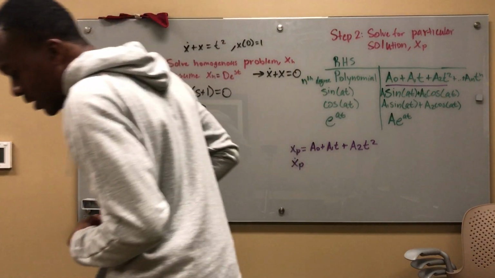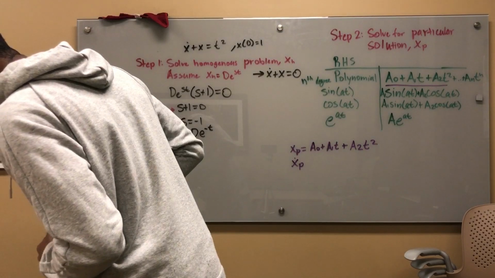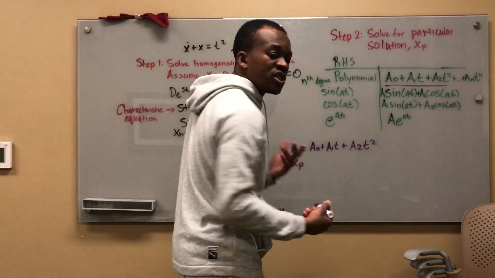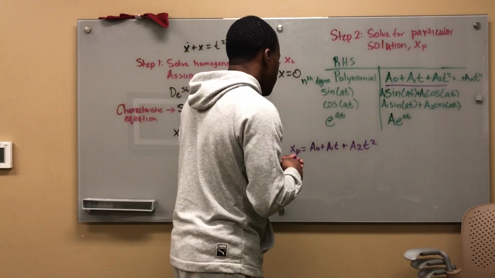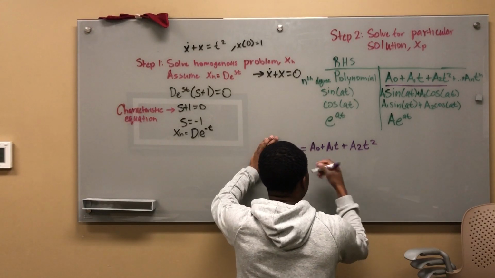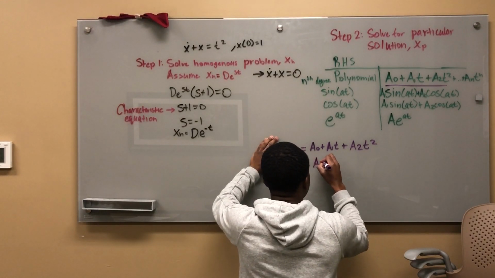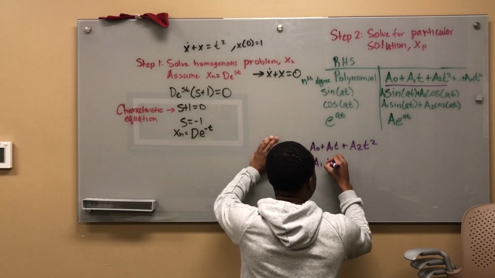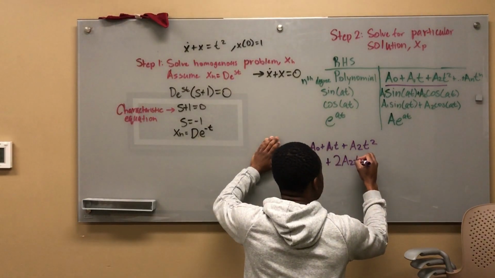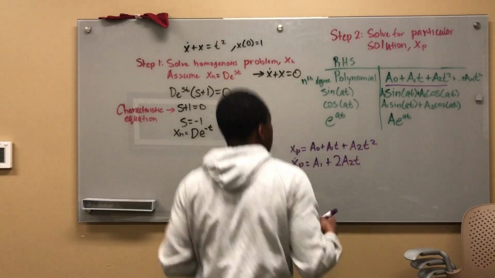When I solve for the xp dot, it gives me this as a constant when we're differentiating with respect to t, okay? This goes to 0. This is just a constant, right? This becomes a1 because we get rid of that t, and then this becomes 2 times a2 t, right? That's our xp dot.